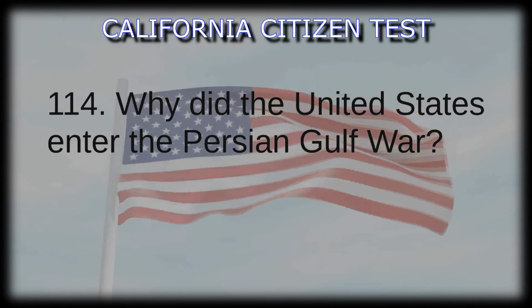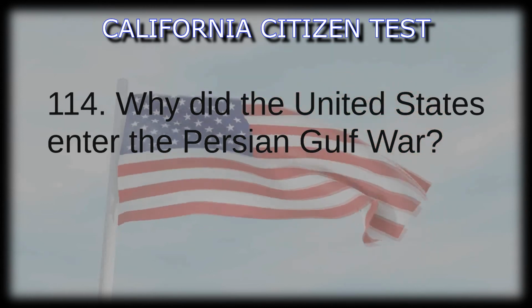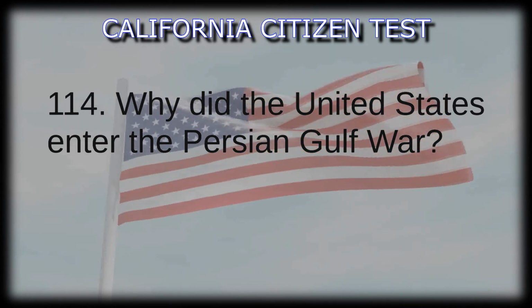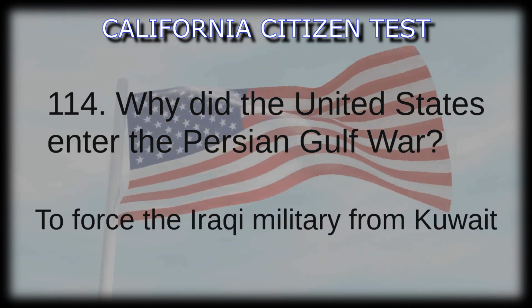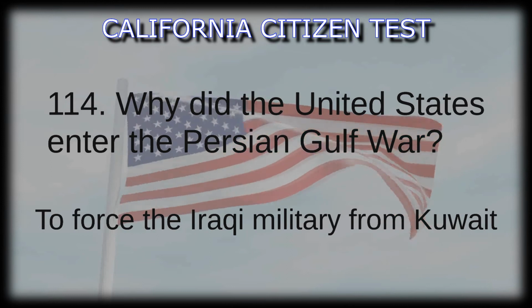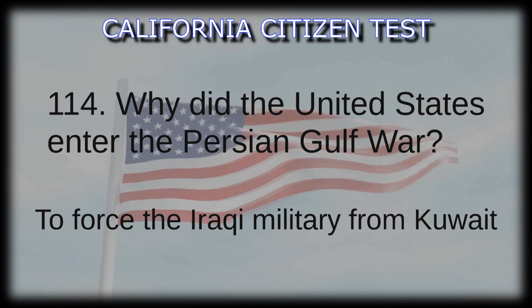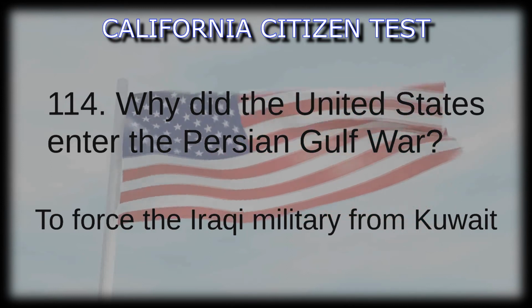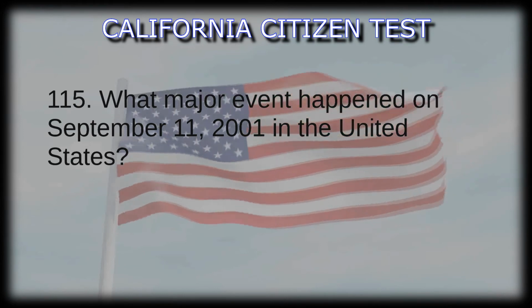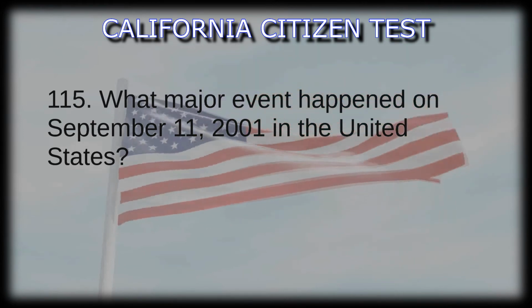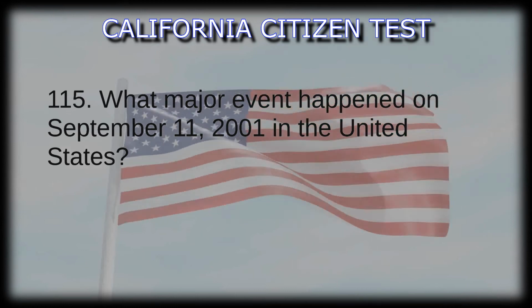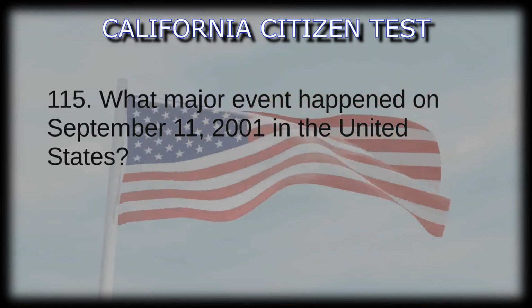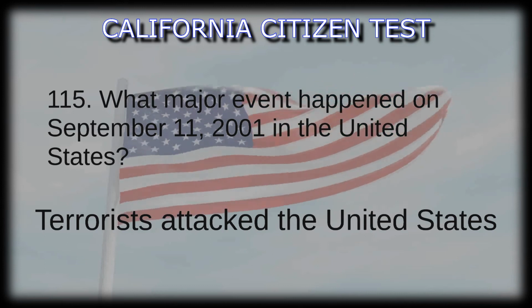114. Why did the United States enter the Persian Gulf War? To force the Iraqi military from Kuwait. 115. What major event happened on September 11, 2001 in the United States? Terrorists attacked the United States.